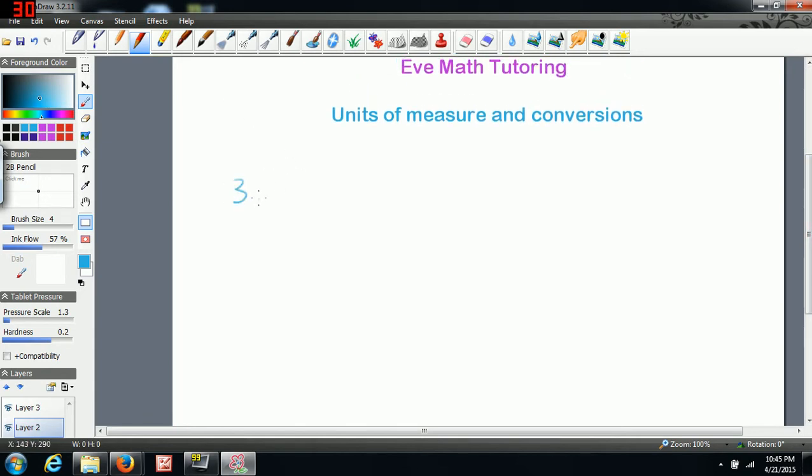Say we had 3.5, I'm just going to write down again over here. King Henry doesn't mind drinking chocolate milk. So 3.5 millimeters, we're going to go to centimeters. As you remember, this was kilometers, so I'll just fill in what each one was again for you.